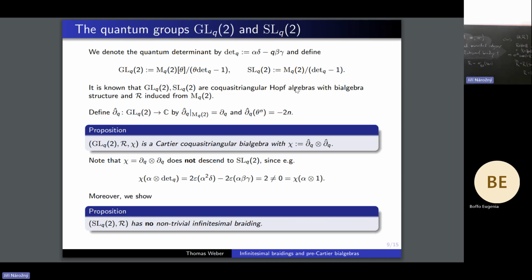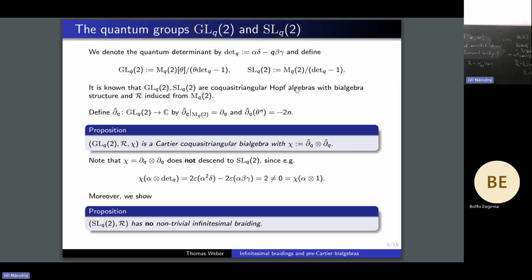And you say GL_q(2) is just M_q(2) with an extra generator theta that you say has to be the inverse of the determinant. And for SL_q(2), you set theta to 1. You can show that GL_q(2) and SL_q(2) are automatically coquasitriangular algebras with the bialgebra structure and R coming from the ones of M_q that we've seen on the previous slide.